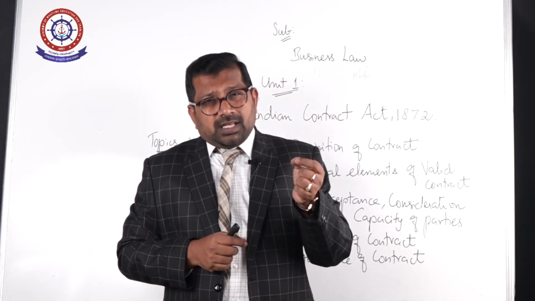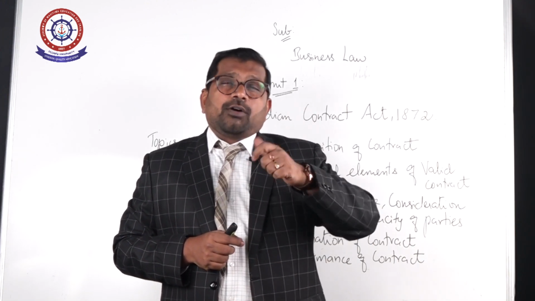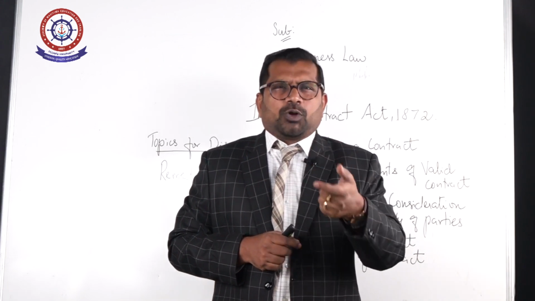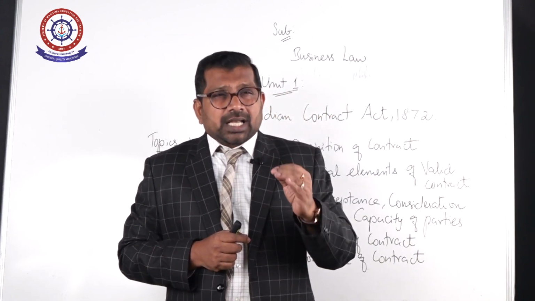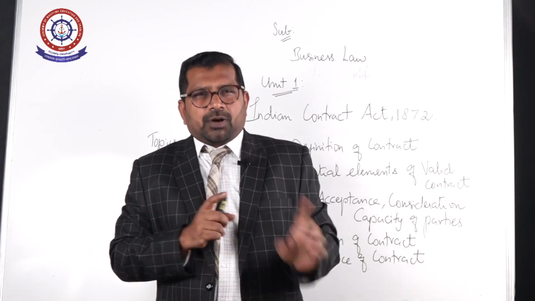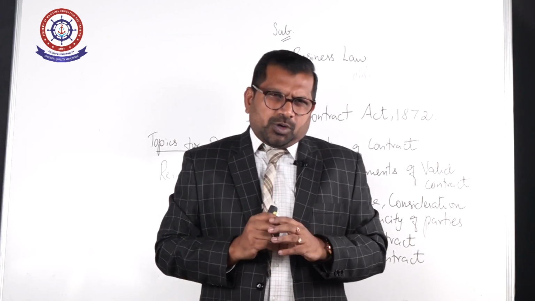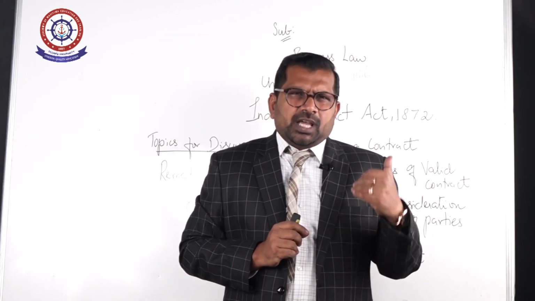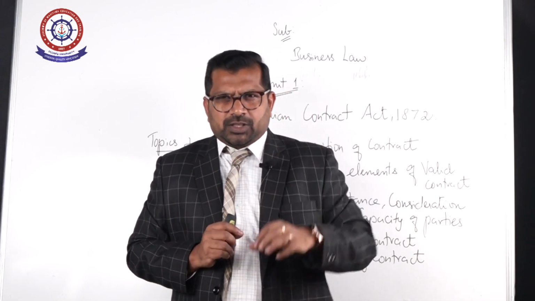Or else, parties to a contract must either perform or offer to perform their respective promises. Again, I am repeating, parties to a contract must either perform or offer to perform their respective promises. Say for example, A promised to deliver goods to B on a certain day on payment of ₹5,000.